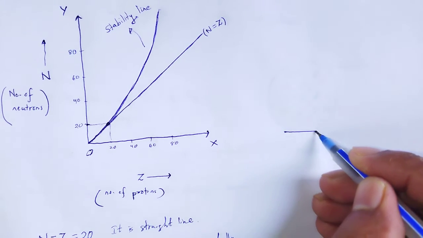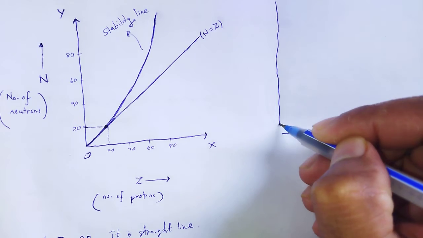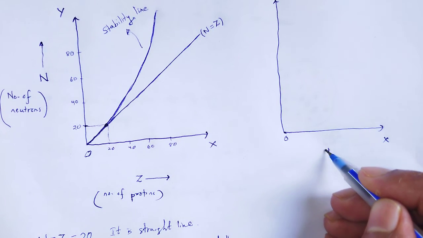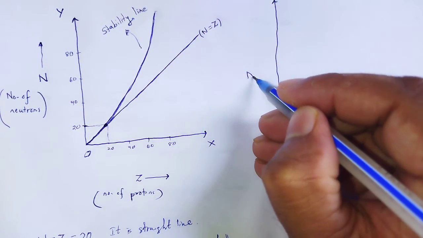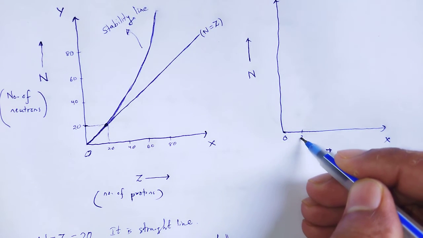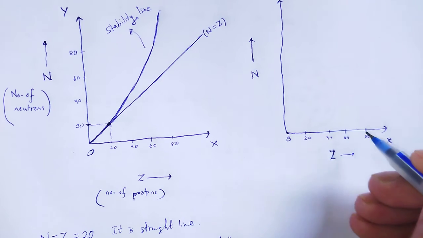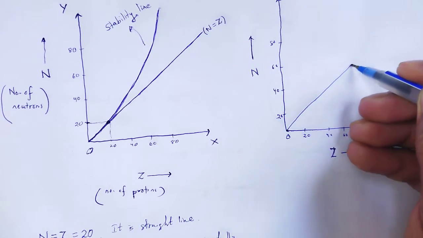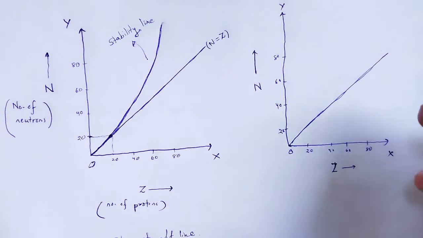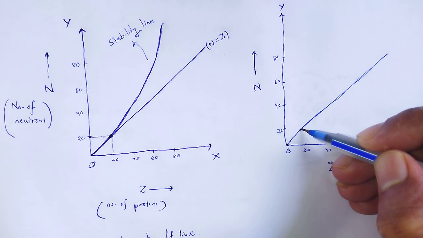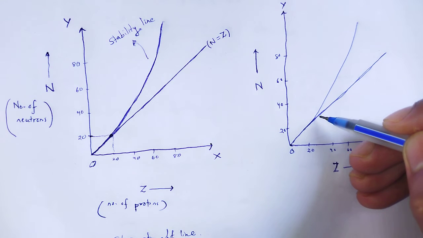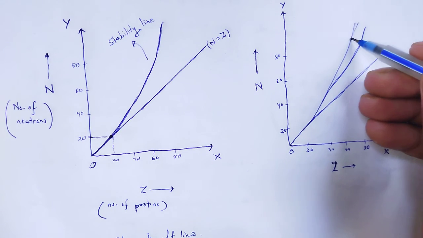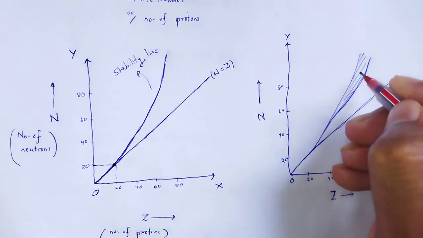And when we plot that same graph, we see a region, that is the region of stability.